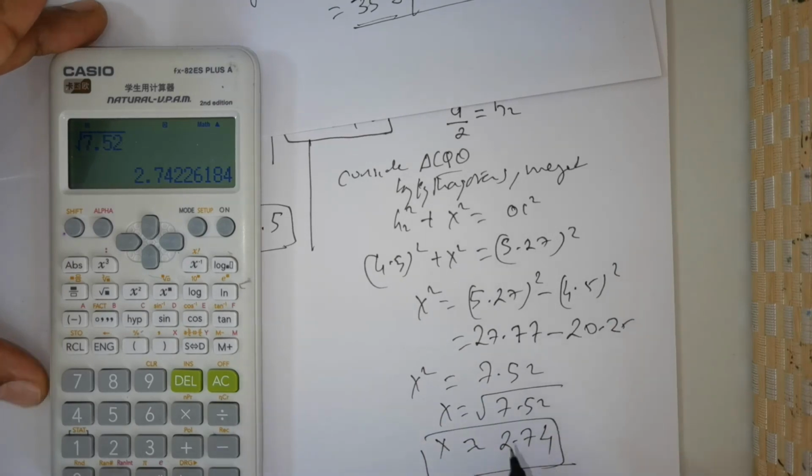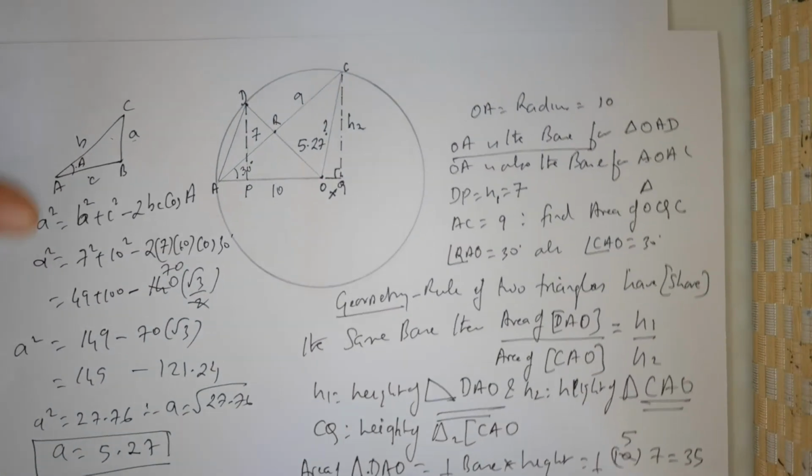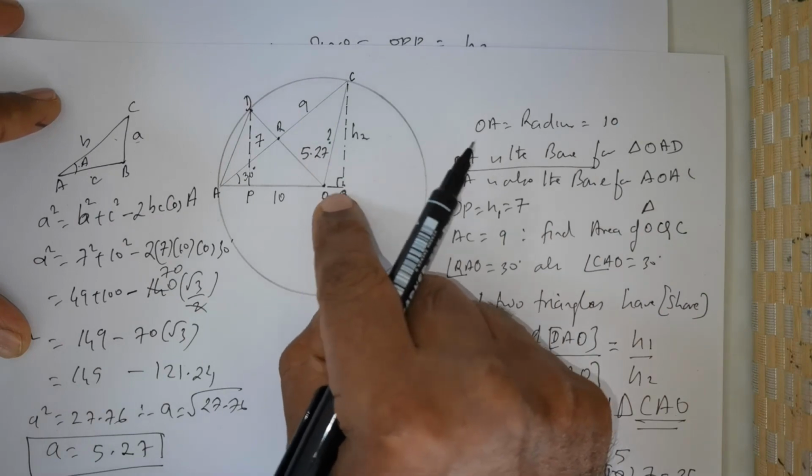This is the value of x. So I've got the x value, so the base is got.